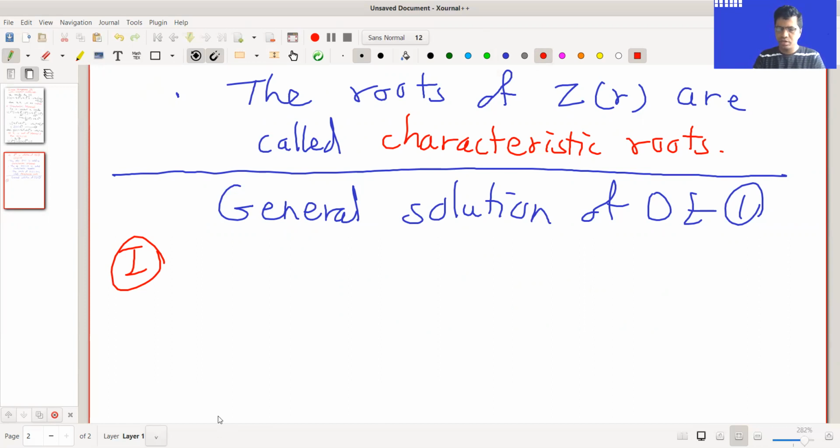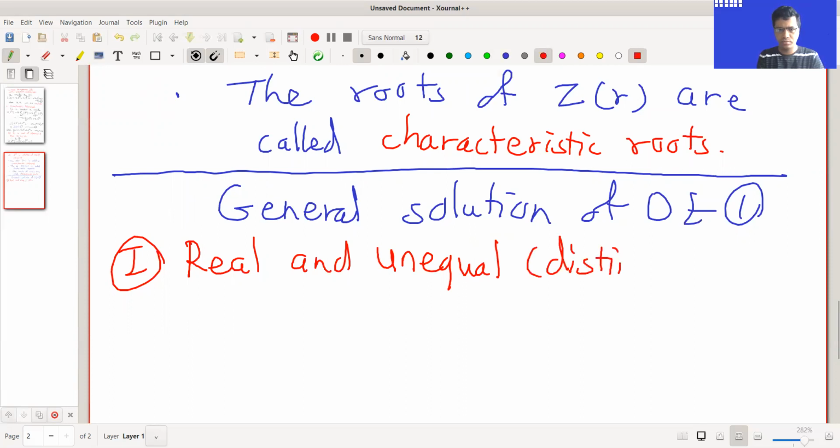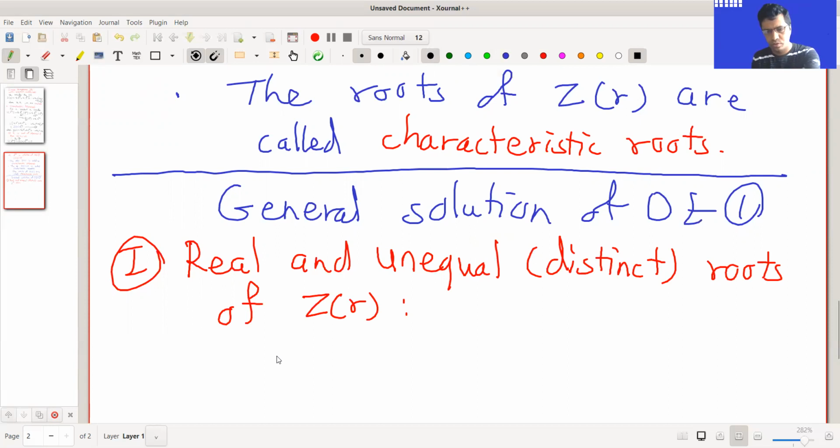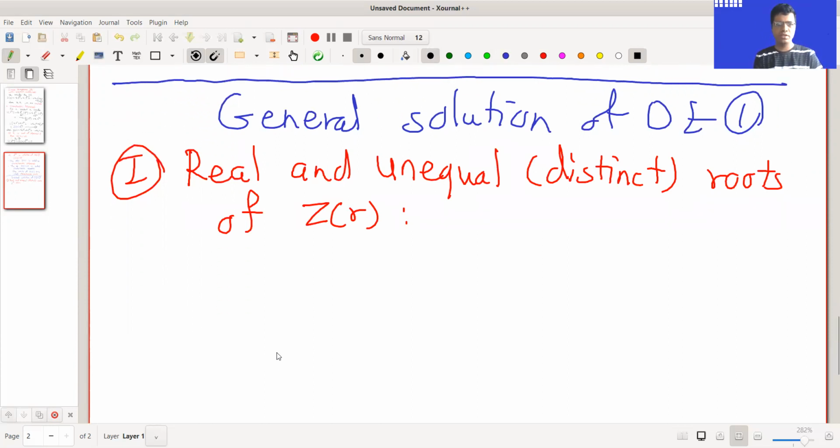So the first case is real and unequal, unequal meaning distinct, roots of the characteristic polynomial z of r. Our characteristic polynomial is of degree n, so there are n roots. In this case, we have distinct roots.